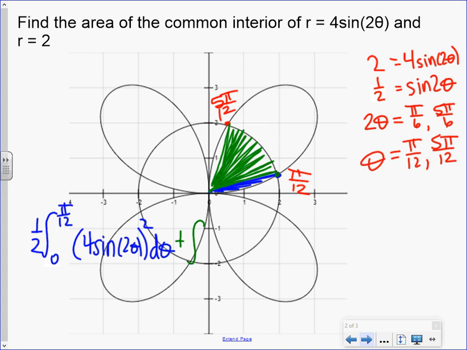So from pi over 12 to 5 pi over 12, we're finding area of 2 squared. Then, once we're at 5 pi over 12, we continue until we finish out that pedal.